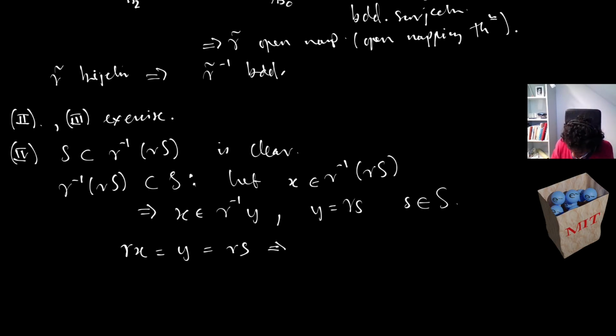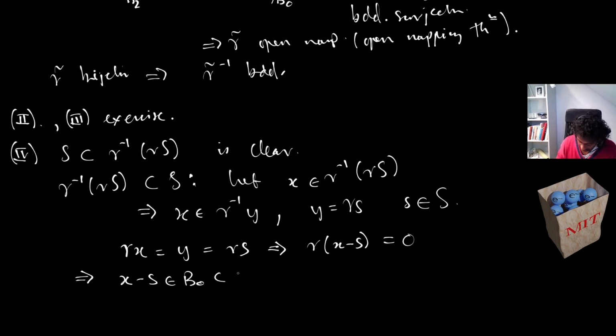Okay, so that means that gamma of x minus s is 0, i.e. x minus s is in B naught, which is a subspace of S.